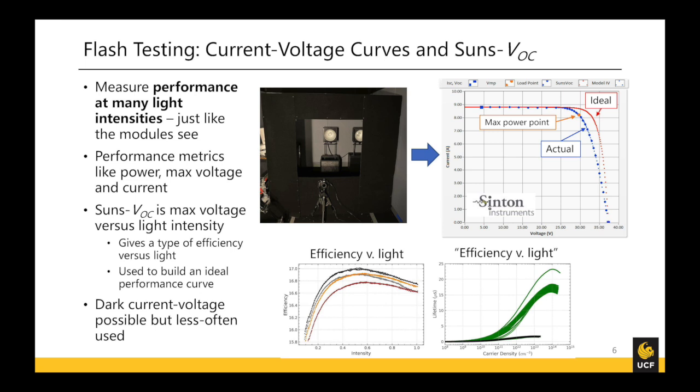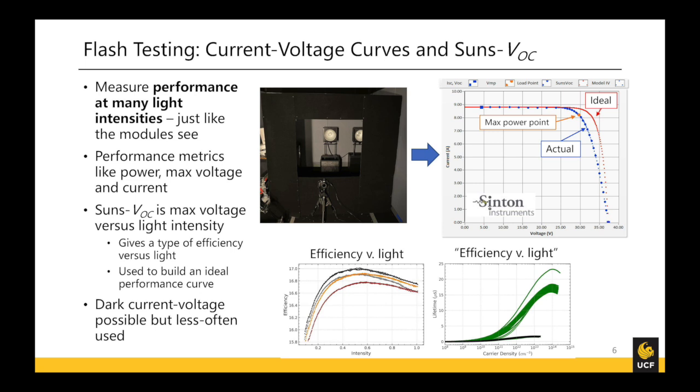So one of the things that our flash tester measures is called a Suns-VOC curve. So it's a totally open circuit, so there's no resistance in the circuit, well, infinite resistance in the circuit, excuse me. And you're just measuring that voltage as a function of light intensity.